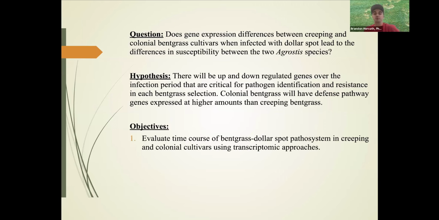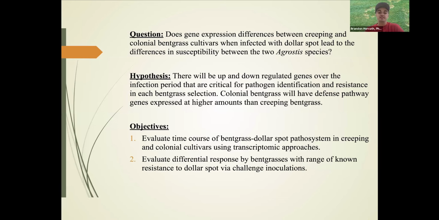And so our objective was to evaluate the time course of the bentgrass dollar spot pathosystem. So looking at how gene expression changes over time during the infection for both the creeping and colonial cultivars. And like Dr. Horvath said, we used a technique called RNA sequencing. The other objective is to evaluate the differential response by bentgrasses with a range of known resistance to dollar spot via challenge inoculations.